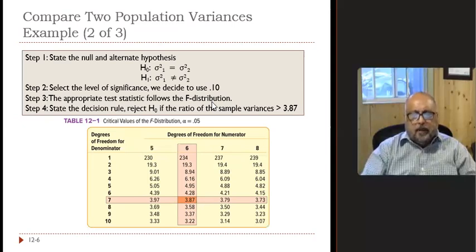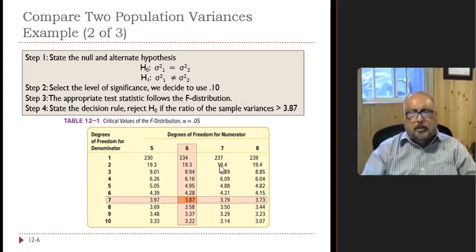First of all, we need to use the F distribution table, because we need to look at the critical value for F distribution. And all the tables can be found in the back of any statistics book, or you can just simply go on Google and find F distribution tables. They are readily available there.